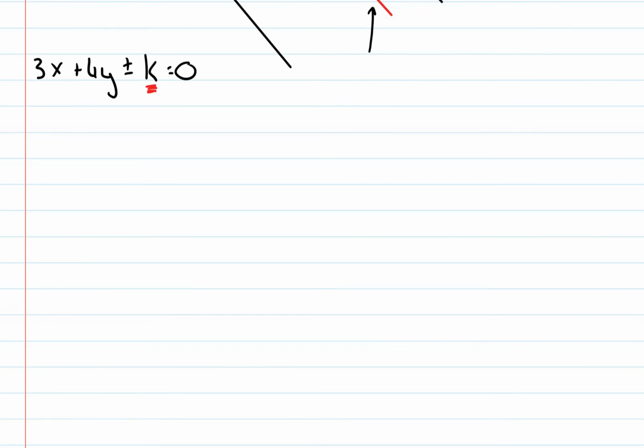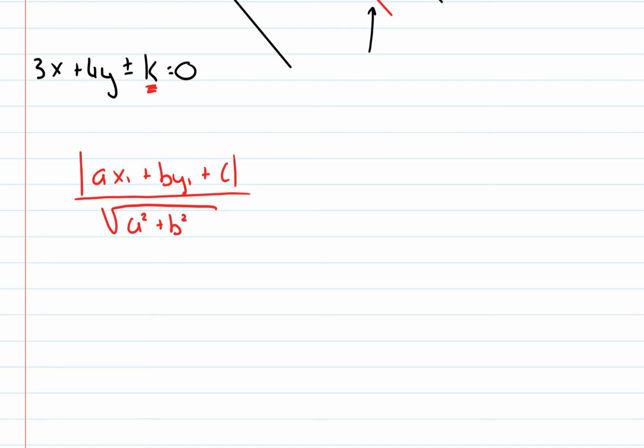So here's what we're going to have. It's our formula first: ax1 plus by1 plus c over root a squared plus b squared, and we're going to let that equal 5. Let's just find out what our a, b, c, x1 and y1 are.